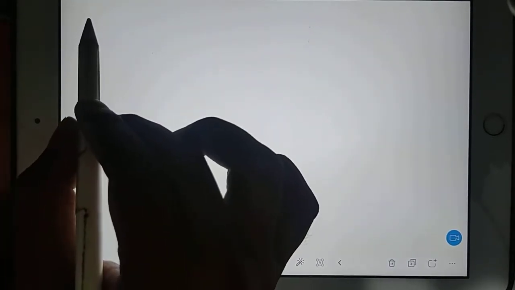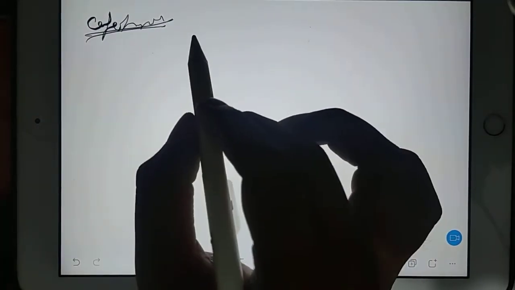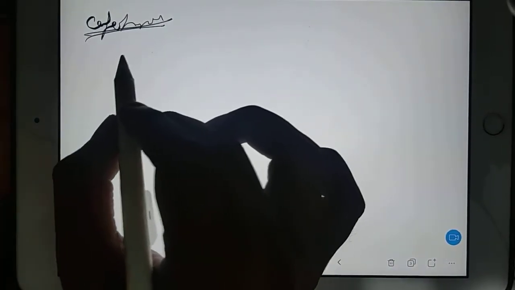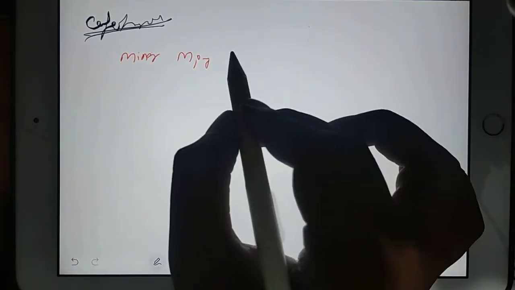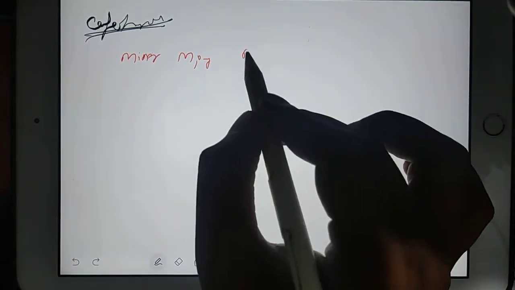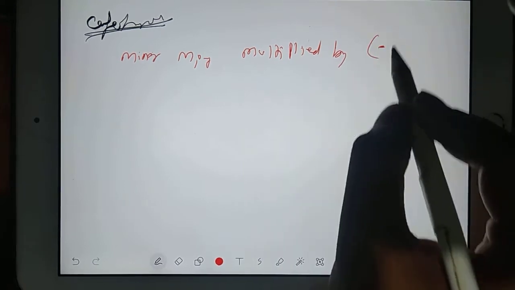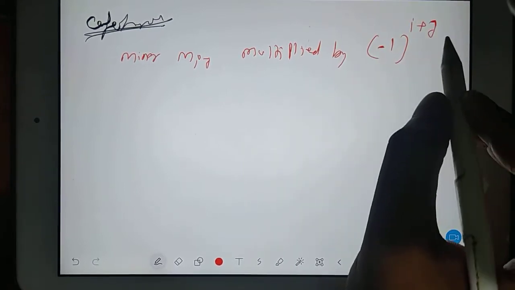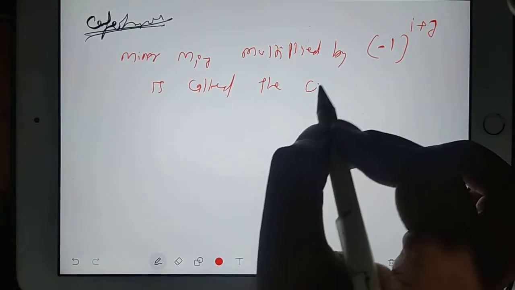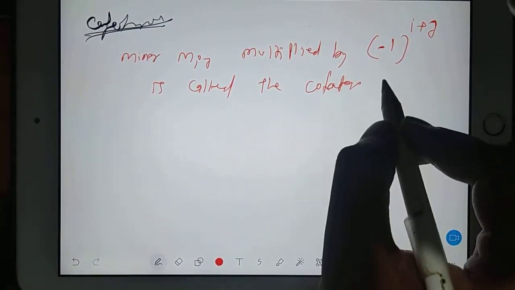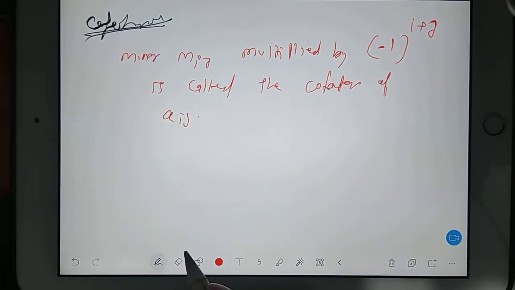Now I am going to give the concept of cofactors. So first write one sentence: the minor Mij multiplied by -1 power i plus j is called the cofactor of Aij.